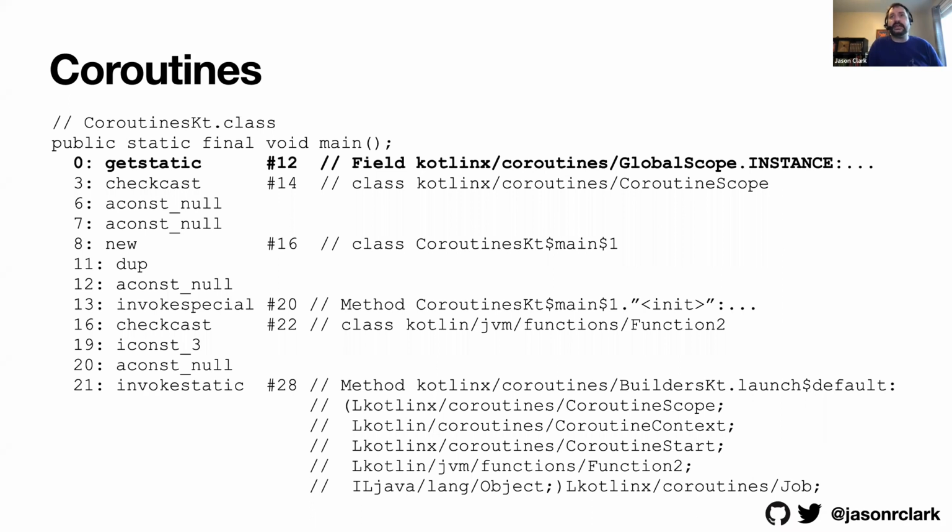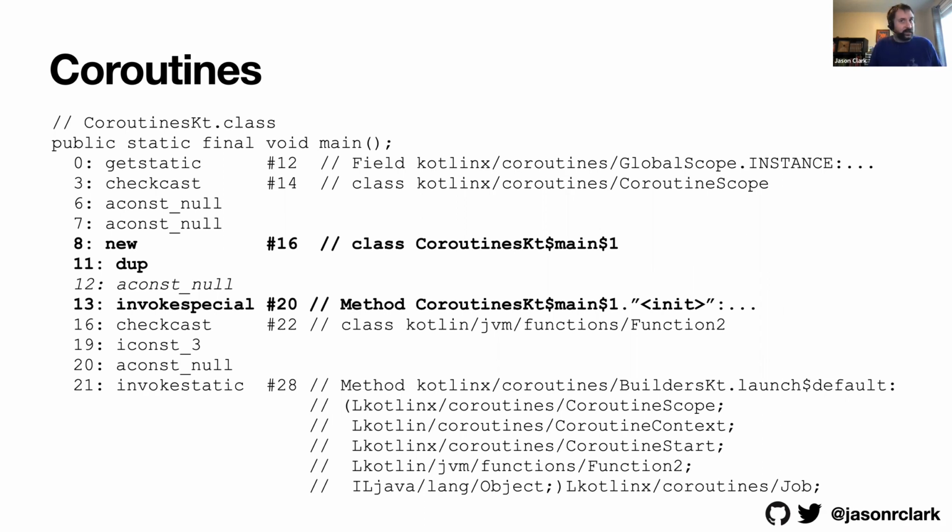All right, so the first thing, it does a getstatic of this GlobalScope instance. You remember that when we launched the coroutine, we said GlobalScope.launch. So this is it going and getting a hold of that global scope that it's going to run the thing against. There are a few intermediate steps, but then we see our object instantiation pattern. Now, if I remember correctly, we didn't say new on an object in that method.